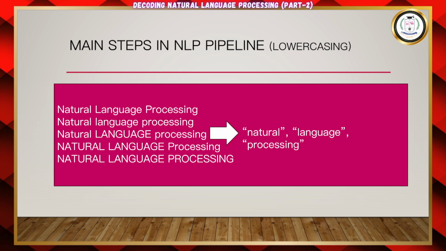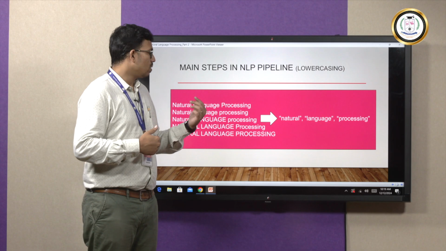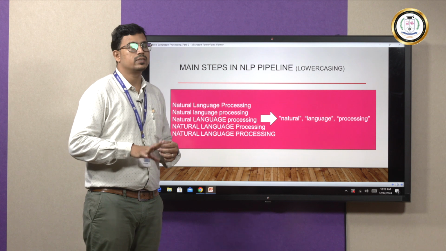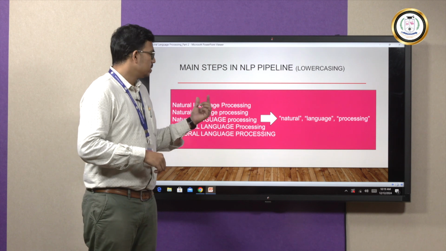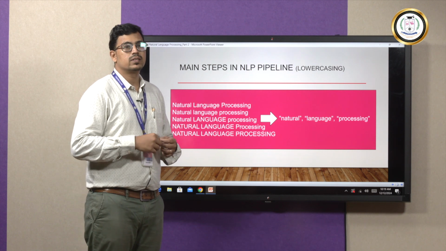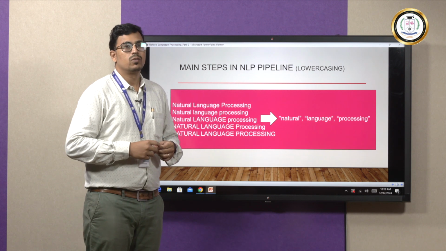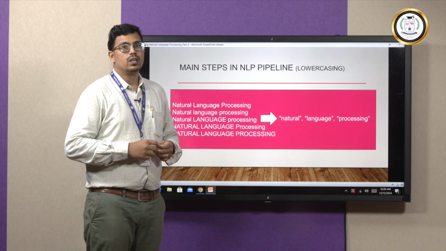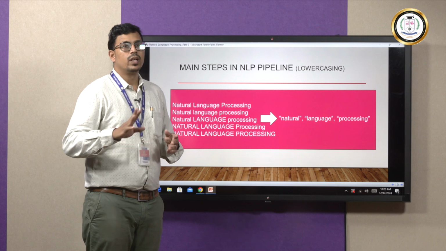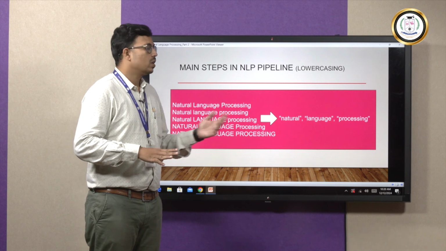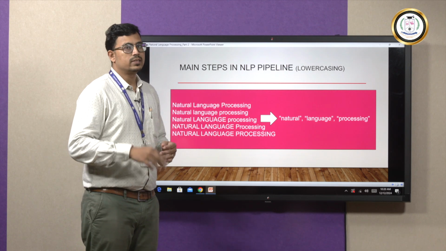For us, all three words are the same, but a machine is case sensitive, so it considers them three different tokens. Hence it is better to change every input token into lowercase. This is the second step.